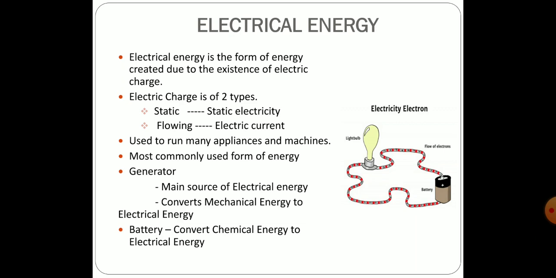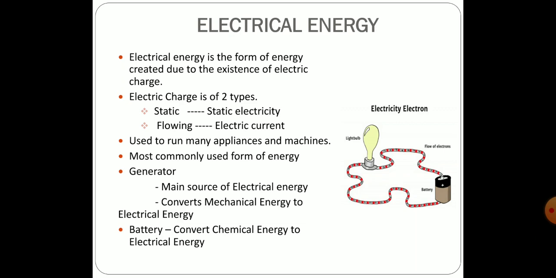Okay, here you have to take care of two things. One is the generator, another one is the battery. Generator, main source of the electrical energy, converts mechanical energy to electrical energy. Correct? பார்த்துருக்கீங்கல்ல, whenever there is a power shutdown in one apartment, they will immediately switch on the generator. What will they do? They will make a motor run.